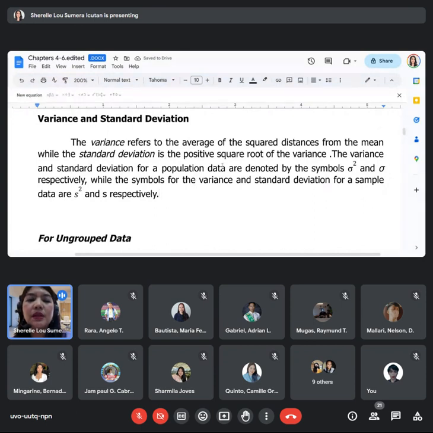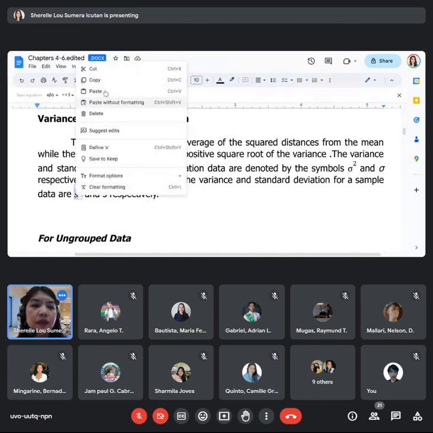If you have a population standard deviation, it's sigma. Population variance, it's sigma square. And if you want to use your sample standard deviation, it's S. And then sample variance is S squared.